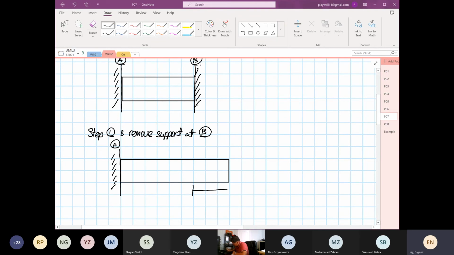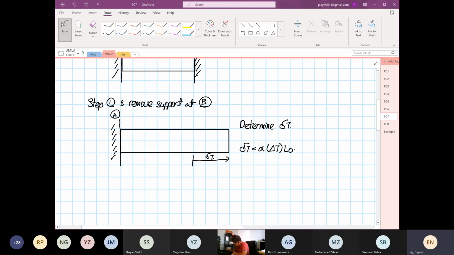We can calculate delta T, and delta T can be determined by alpha multiplied by change in length multiplied by original length.